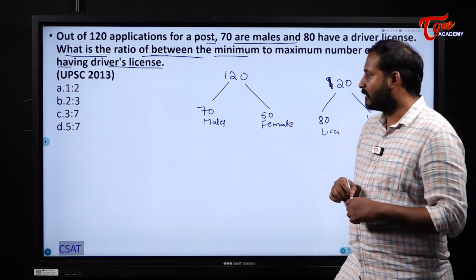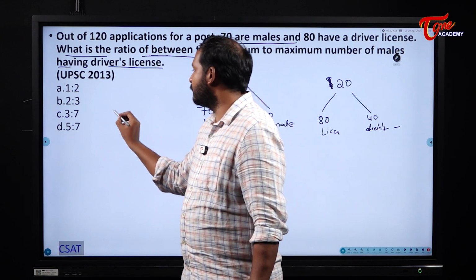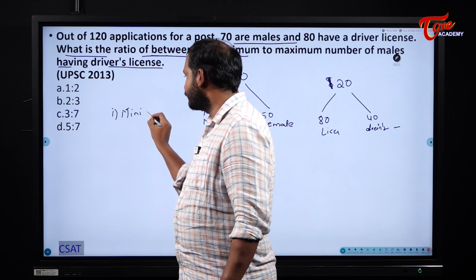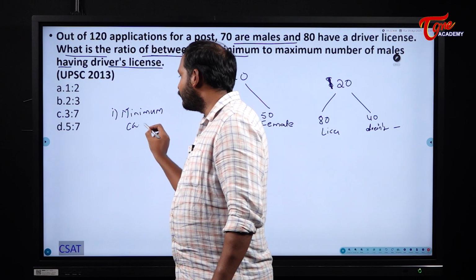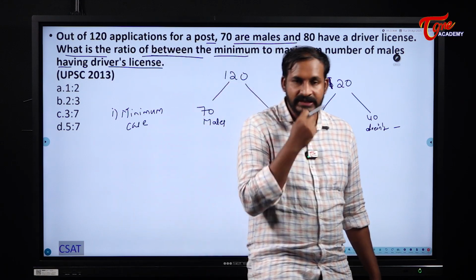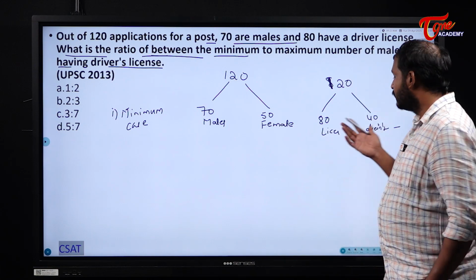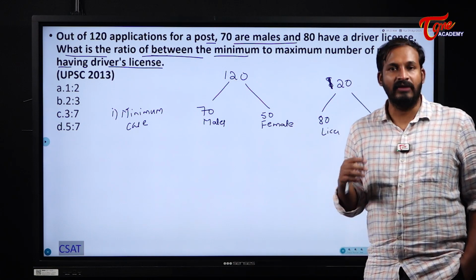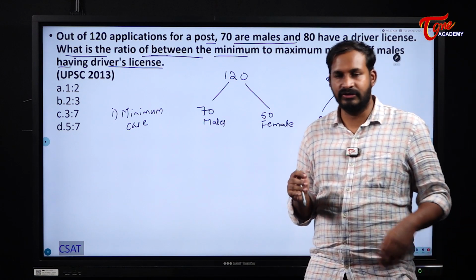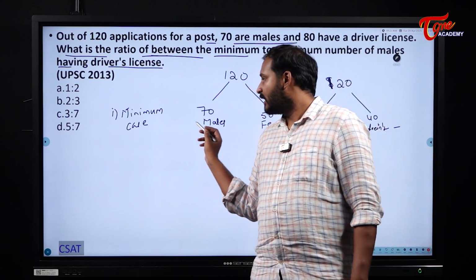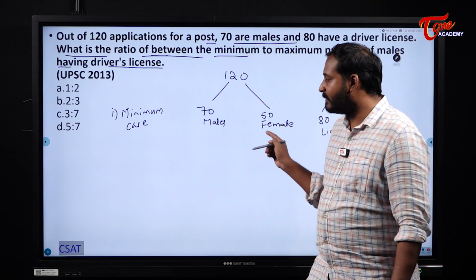Minimum. Now see here, first case, to get the minimum case, what should we do? We can assume that all the female candidates have the driver license.